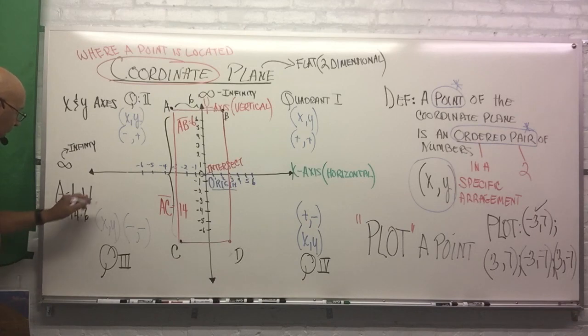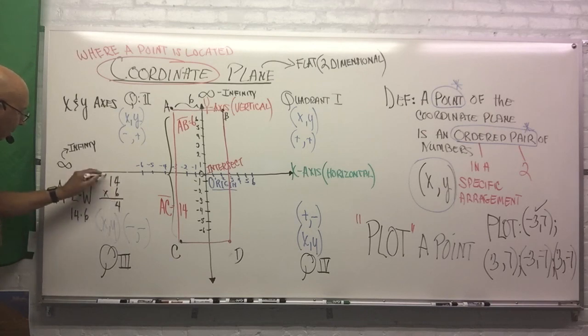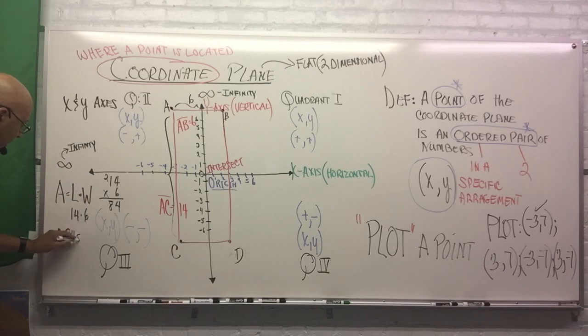And I do that on the side, 14 times 6. 6 times 4 is 24, carry my 2. 6 times 1 is 6, and 2 is 8. So the area here will be equal to 84 square units, whatever I say the units are.